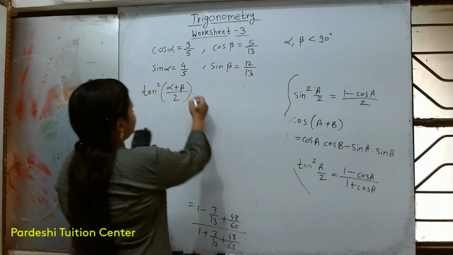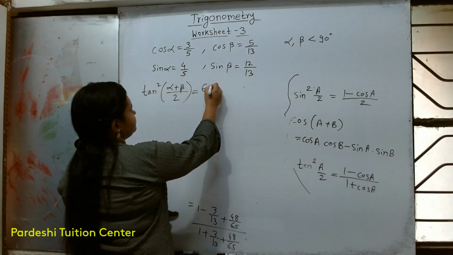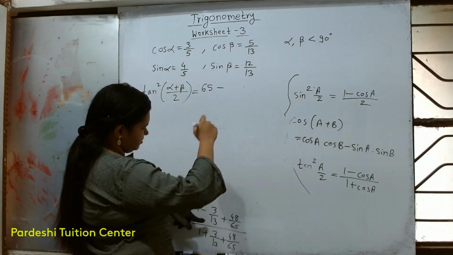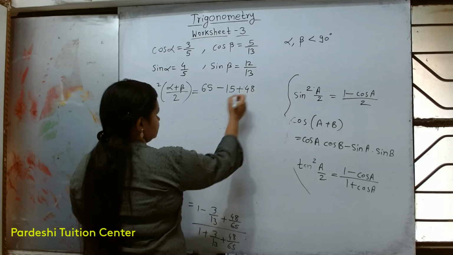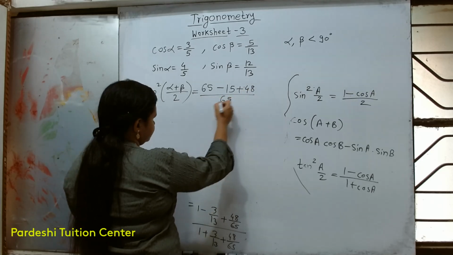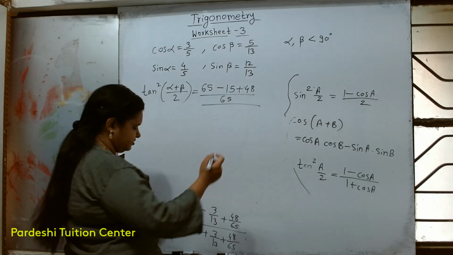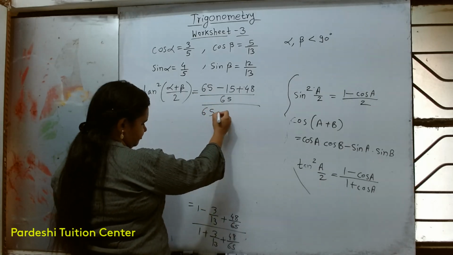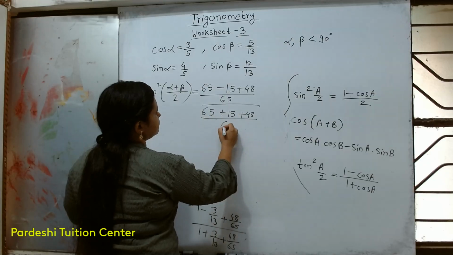If I take LCM, it will be 65, so 65 minus 15 plus 48 upon 65 over 65 plus 15 plus 48 upon 65.